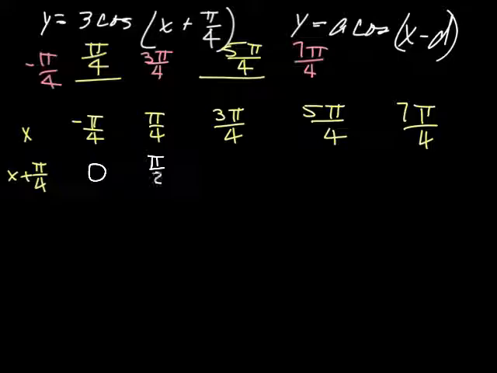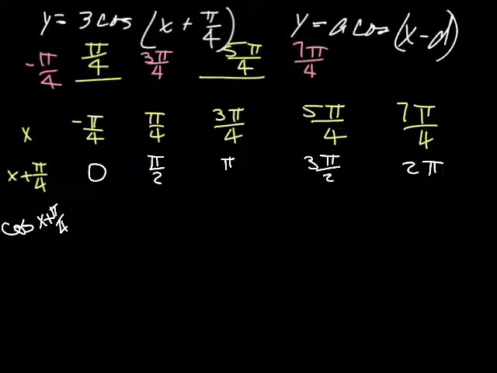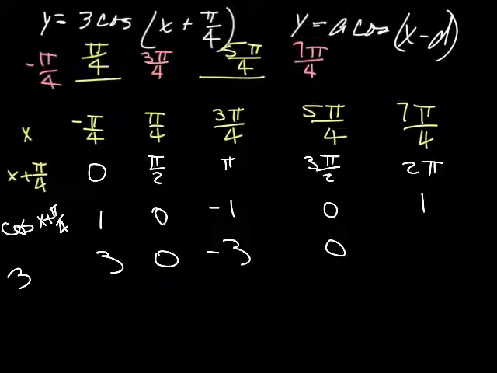I'm just going to write them in here, assuming that you can take 3 pi over 4 plus pi over 4 and get pi. Now I'm going to take the cosine of x plus pi over 4. The cosine of 0 is 1, then 0, negative 1, 0, and 1. And lastly, we multiply that times 3, giving 3, 0, negative 3, 0, and 3.